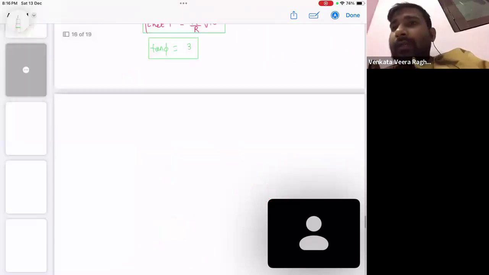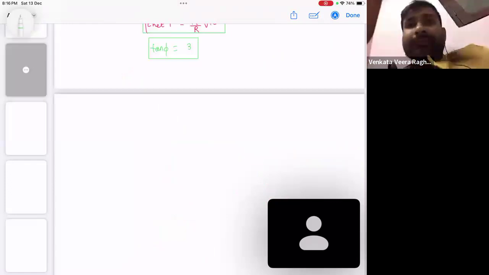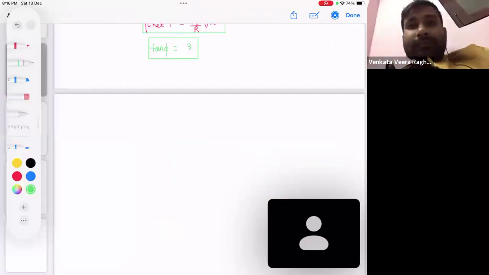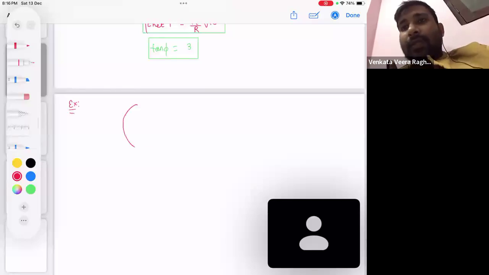Now, in the next example, what is given to us? A circle is given to us, and this circle has a charge distribution like this. Here the charge is plus lambda.